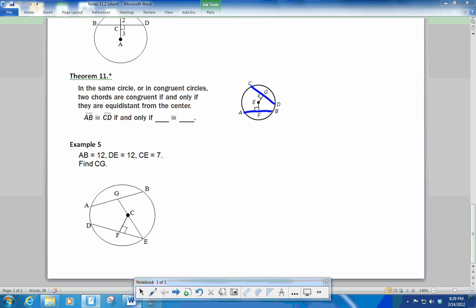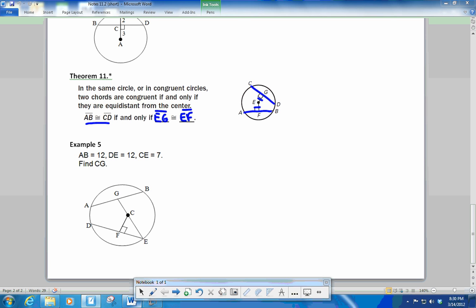So EG and EF represent the distance, and if these two distances are equal, then the two chords are congruent. So chords have to be equidistant from the center in order to be congruent. So AB is congruent to CD if and only if EG is congruent to EF, the distance from the center to the two chords.